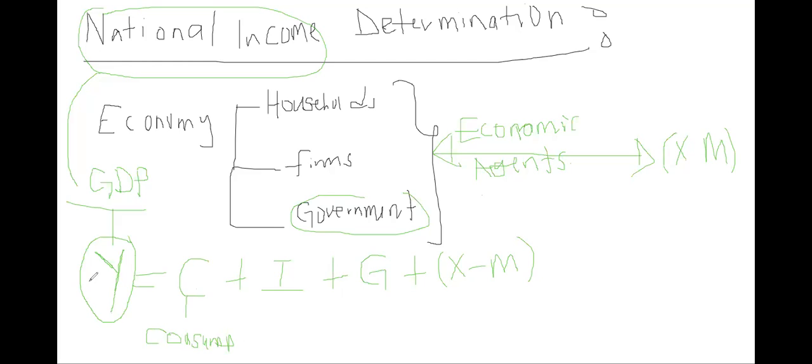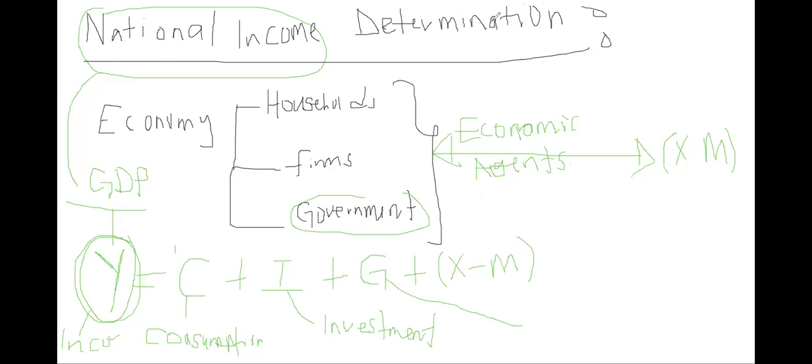So the total income, this Y, is GDP or national income. Some part is used for consumption, some part is used for investment by firms, and some part is used by government. This is the income side, the national income.